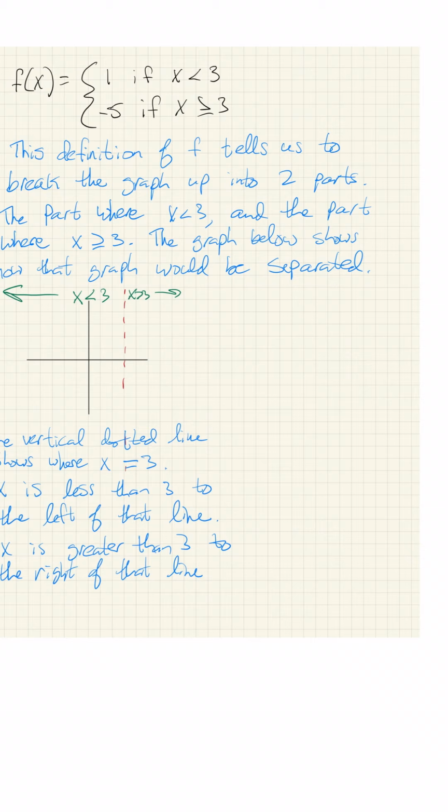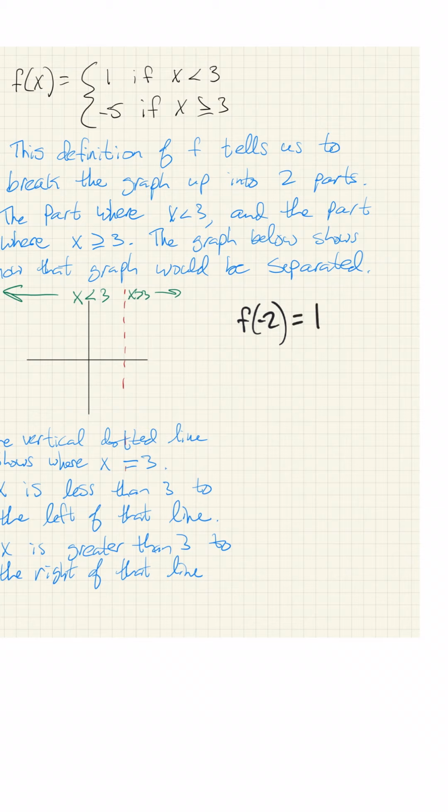So if I was to find values of the function for differing values of x, like for instance, if I found f of minus 2, well, I would note that negative 2 is less than 3. So according to this definition of the function, the value would be 1.